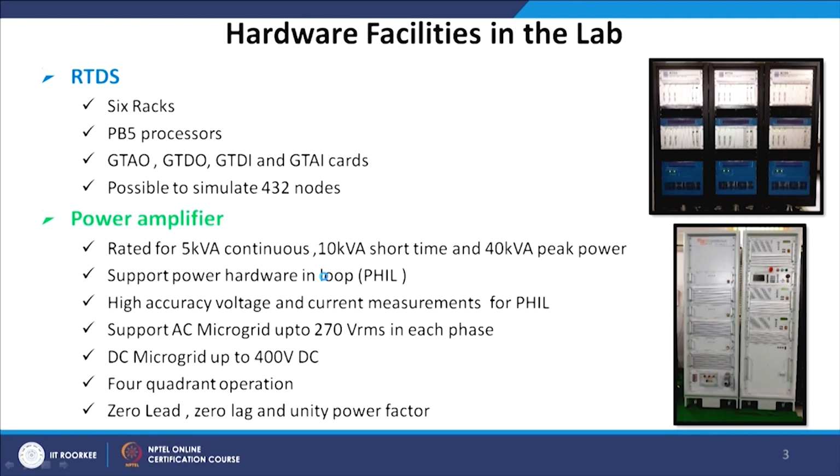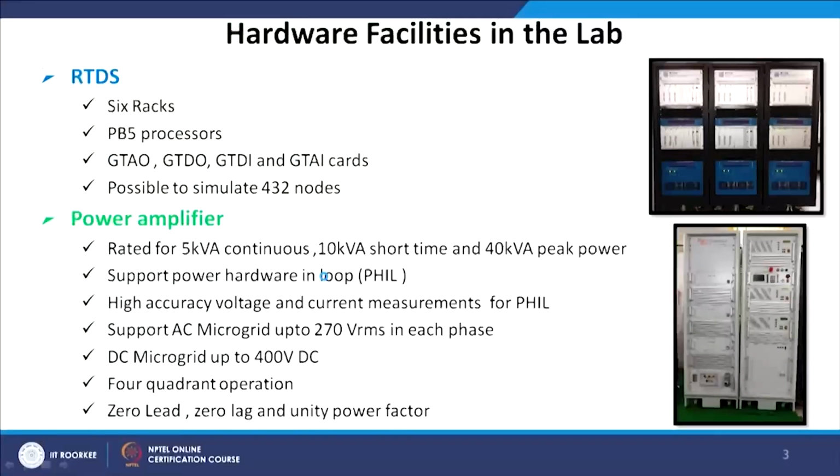It supports the AC microgrid up to 270 volts RMS in each phase. Though we do not operate beyond 250 volts at a given time, it has the capacity to be made operational when the phase voltage goes as high as 270.